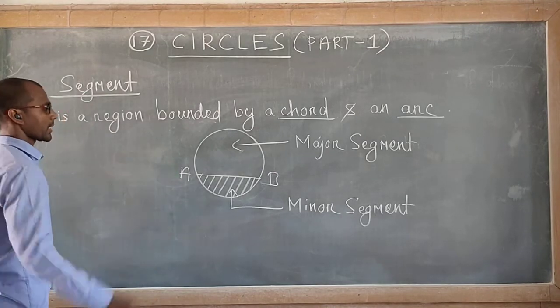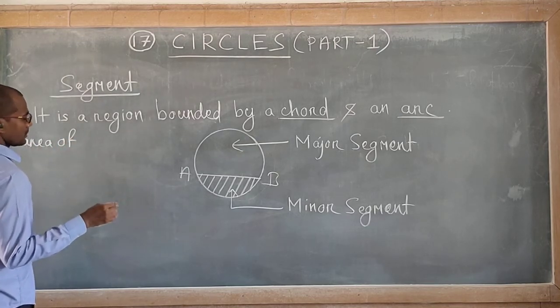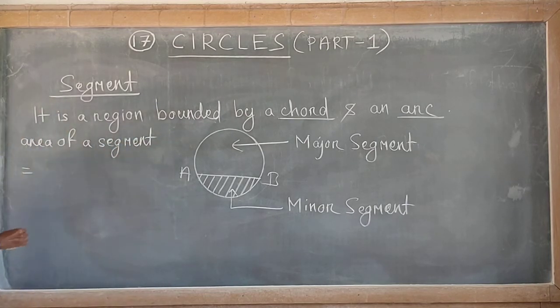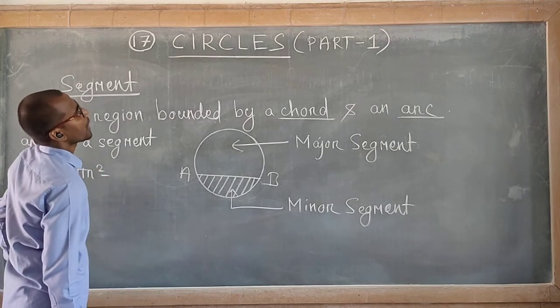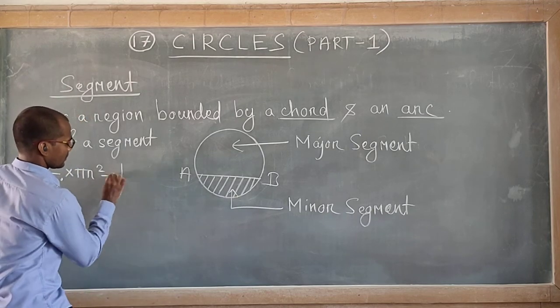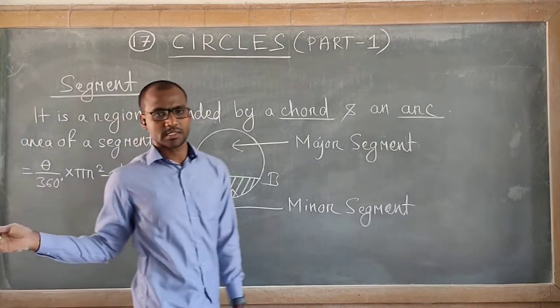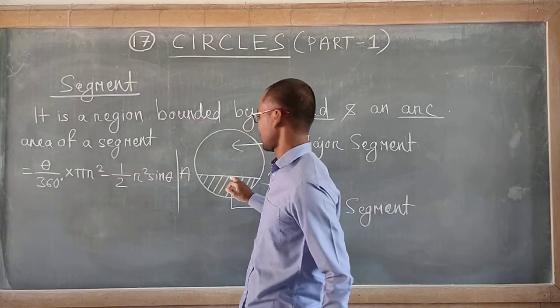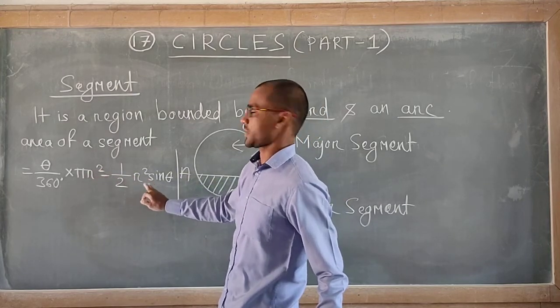So it will also have an area. Its formula is: area of a segment is equal to theta by 360 degree into pi r square minus half into r square sin theta.